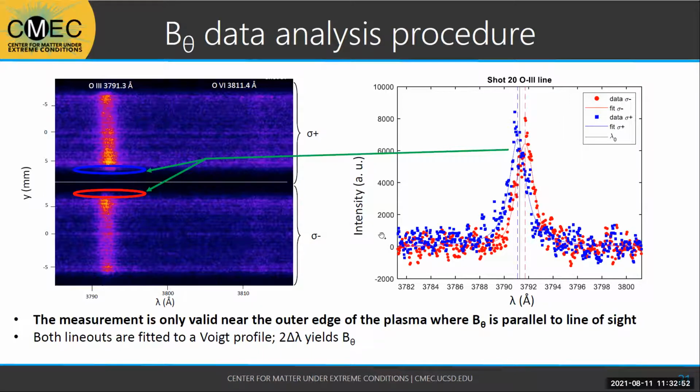We plot these and fit a Voigt profile to them to determine the central spectral location of each of the line shapes, and the difference between those gives us a measurement of B theta.